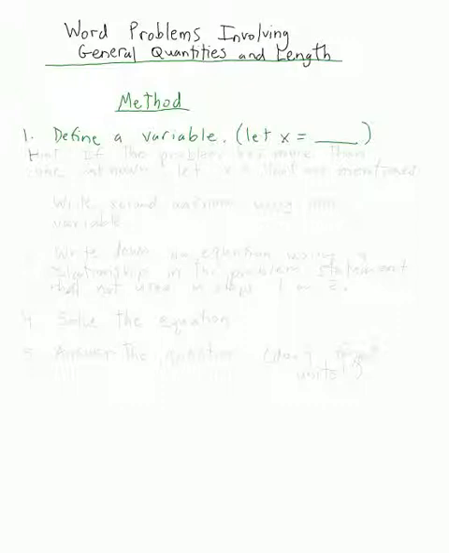One hint, if the problem has more than one unknown, in other words, the problem is asking you for two different things, or there's two things that you don't know, then what you should try is letting x equal the last one mentioned.